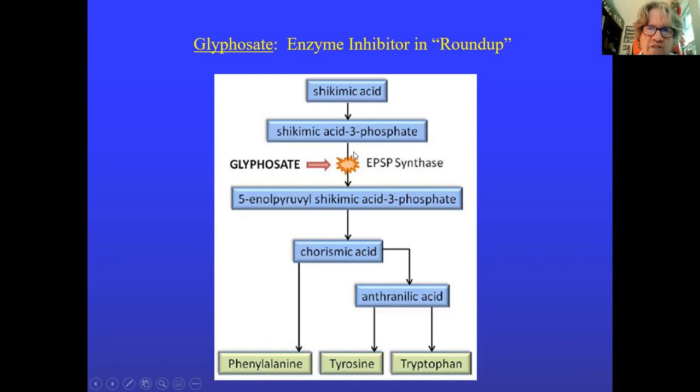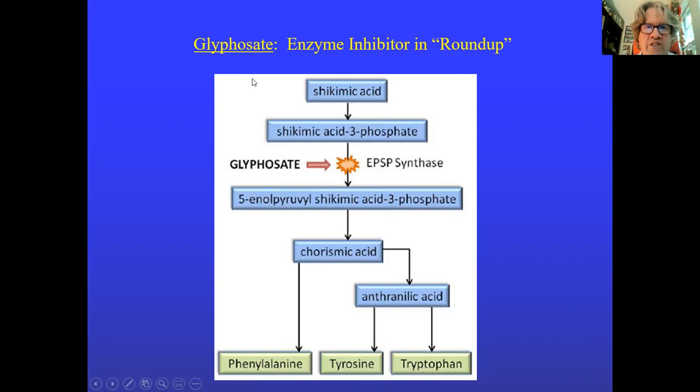It interacts with this enzyme and keeps it from making product, which should go to the next enzyme to be turned into these amino acids. I don't know if it's a competitive or non-competitive inhibitor, but it blocks the function of this enzyme and causes these amino acid concentrations to decrease. And this kills a cell.